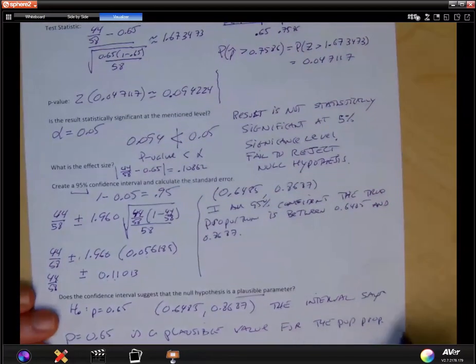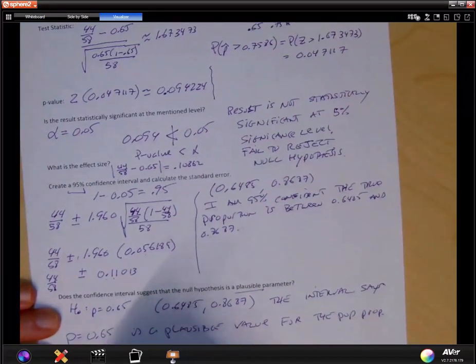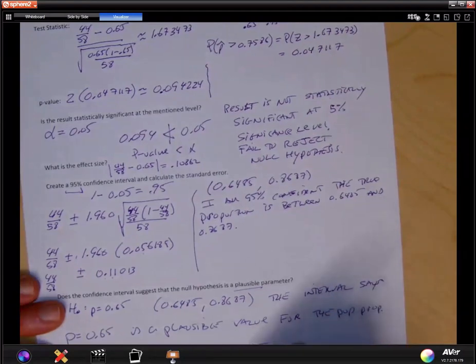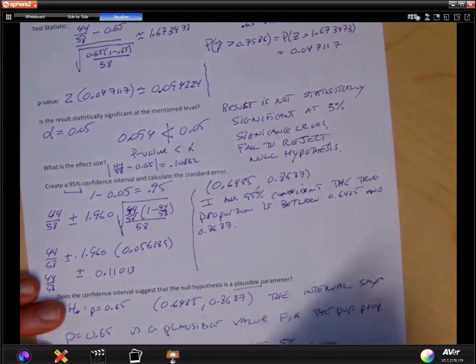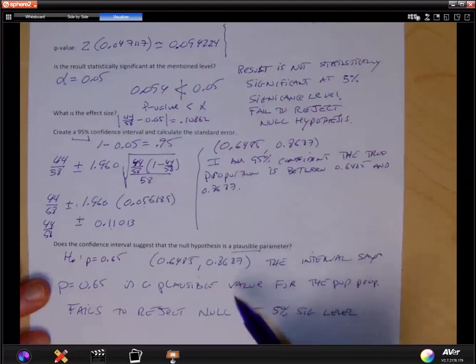So in other words, yeah, it's possible. So it fails to reject null at, well, again, if I'm using the 5% significance level. So that's why we say the two really produce the same results.